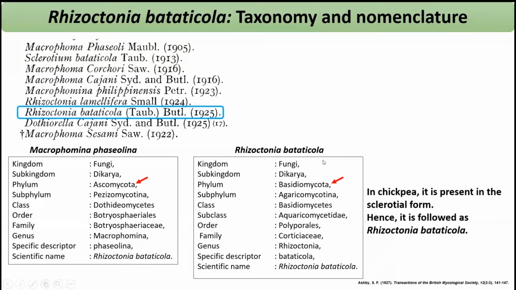But the name given by Dastur and Butler in the year 1925 is retained as the name of the causative agent in chickpea dry root rot. In chickpea, the Rhizoctonia bataticola is always present in the anamorph form. Hence, it is followed as Rhizoctonia bataticola in the literature.